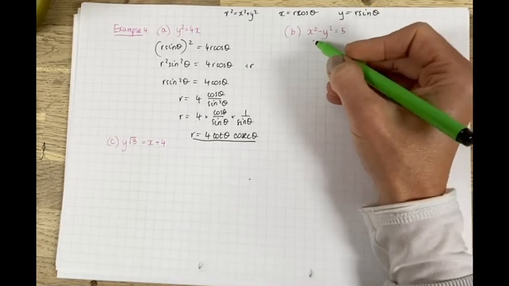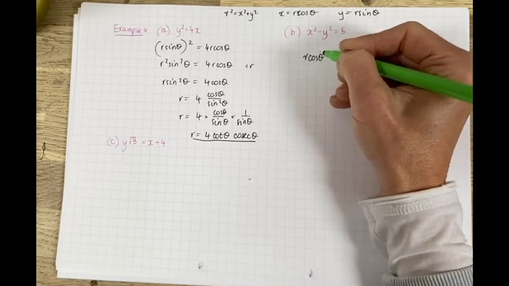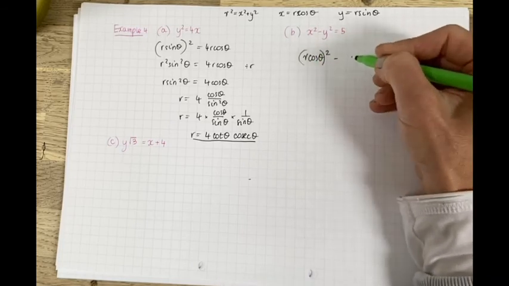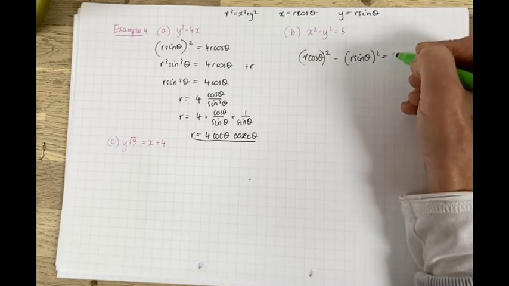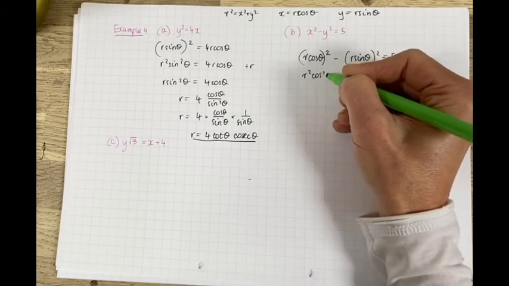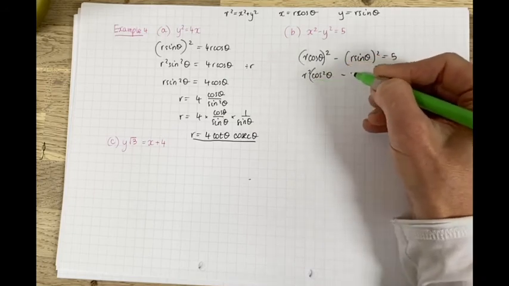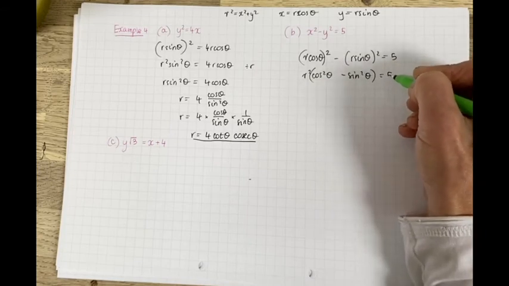Okay, the second example, x directly becomes r cos theta all squared minus r sine theta all squared is equal to 5. So you get r squared cos squared theta minus sine squared theta is equal to 5, if you factorize it.